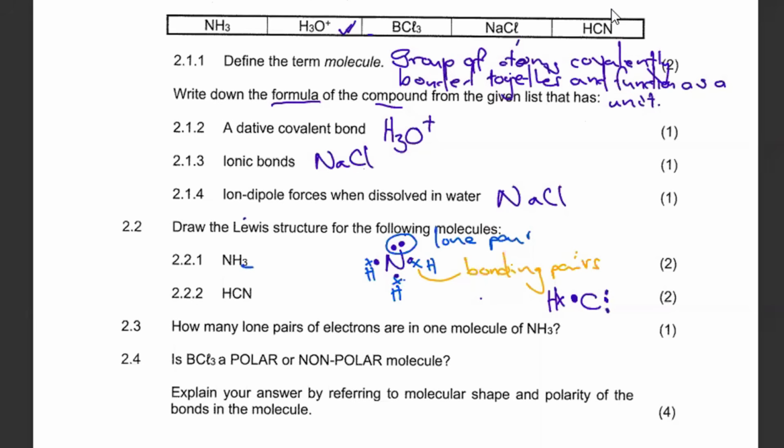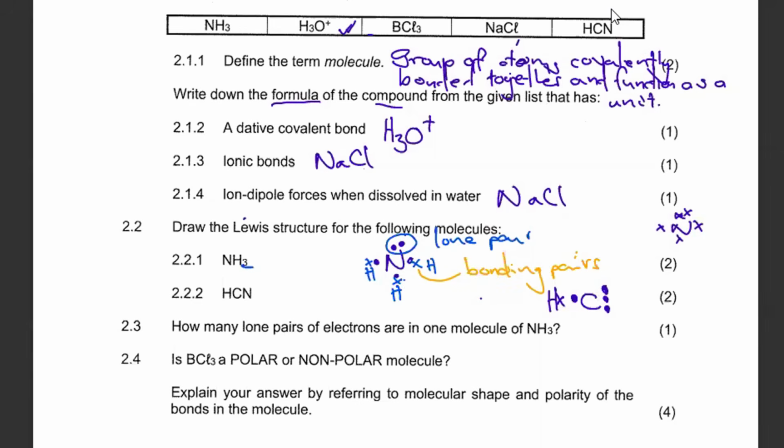Remember, carbon has 4 electrons on its outer shell. So these 3 on the other end are going to bond with these other 3 from nitrogen. Remember, nitrogen has 1, 2, 3, 4, and 5.